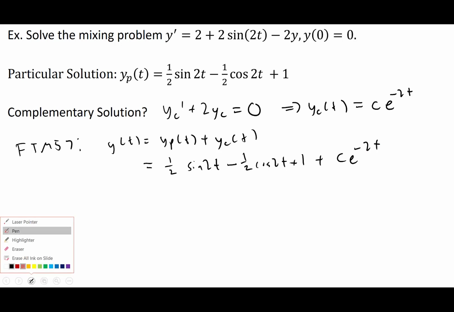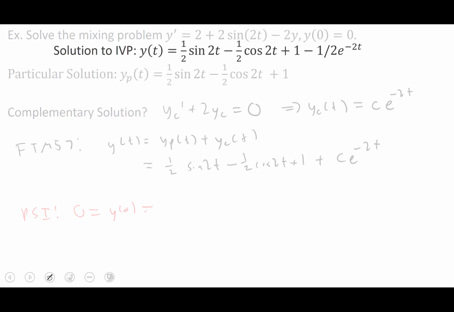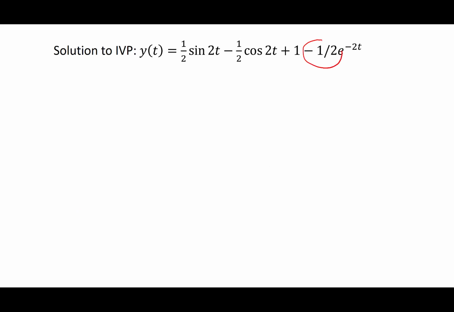And I think at this point you've probably done this enough to know that you would plug in 0 for t at this stage and set the result equal to 0 to solve for the value c. And you should get c as negative 1/2, which leads to the final formula for the solution to the IVP.